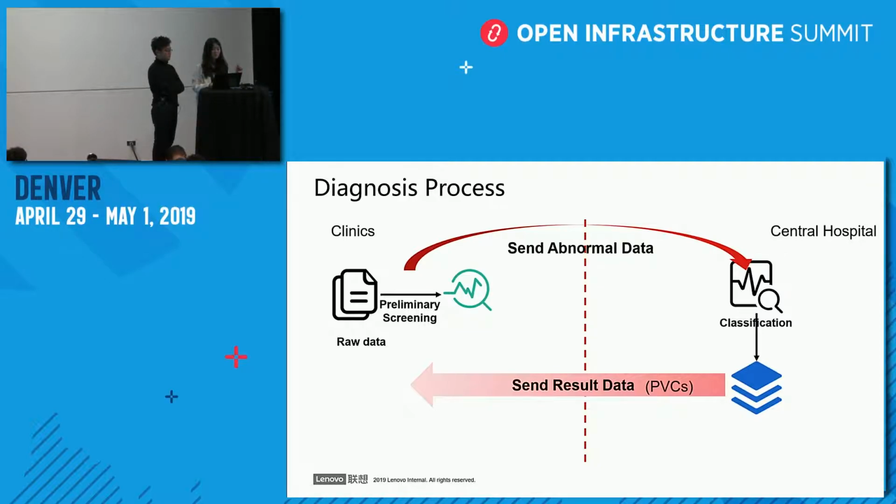As a result, the users in the clinics then get specific results from the cloud. An example of these two steps of diagnosis process is in the edge, we predict whether one has heart disease, and in the cloud, we predict whether one has premature ventricular contractions, or PVCs. It's a kind of heart disease.